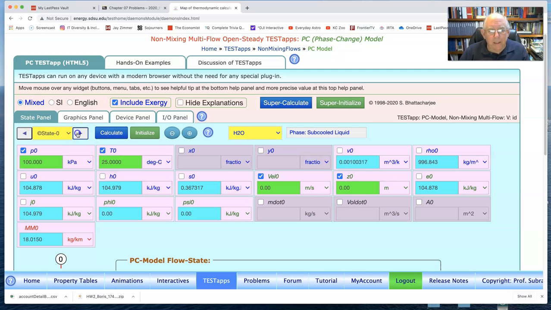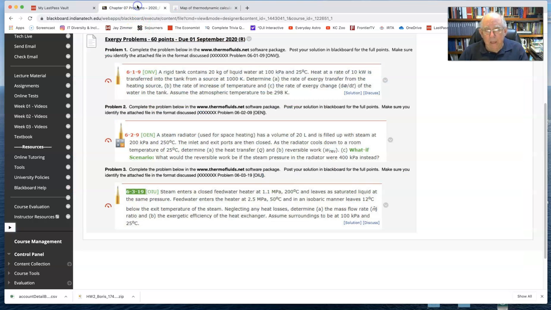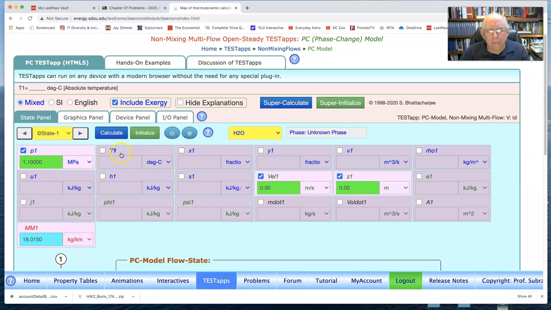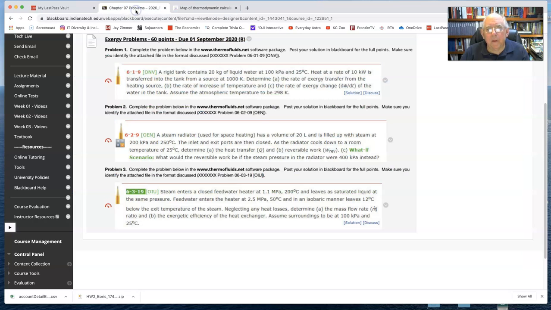Okay, we're now ready to put in our first state, and our first state comes in at 1.1 megapascal and 200 Celsius. So 1.1 megapascal and a temperature of 200. Check that out. Okay. And then it leaves as a saturated liquid.